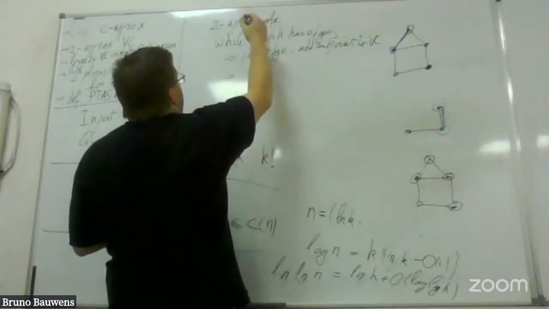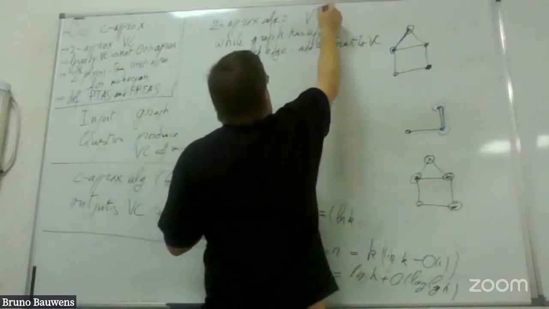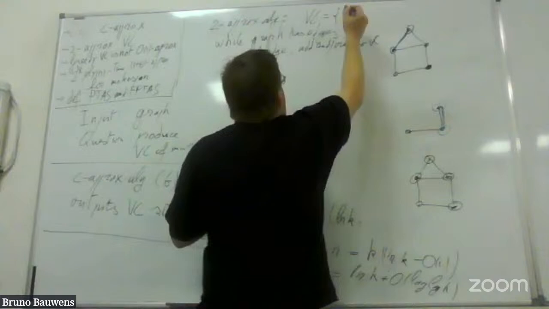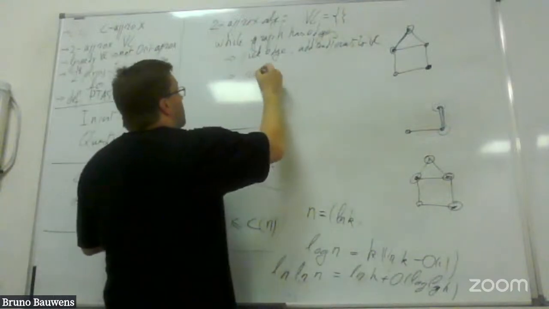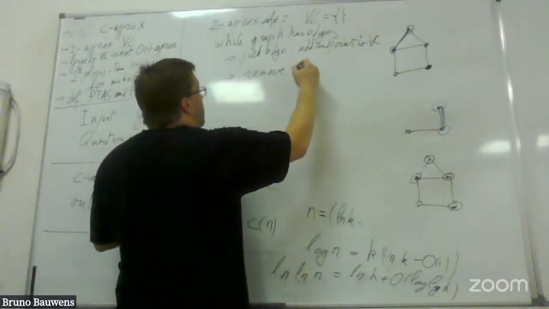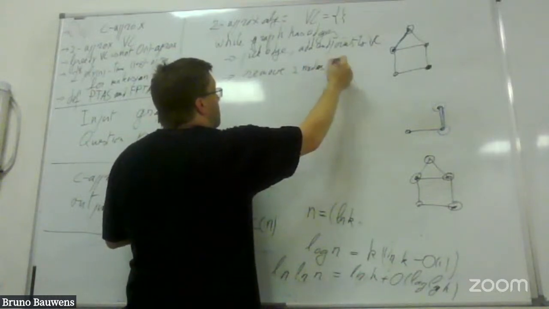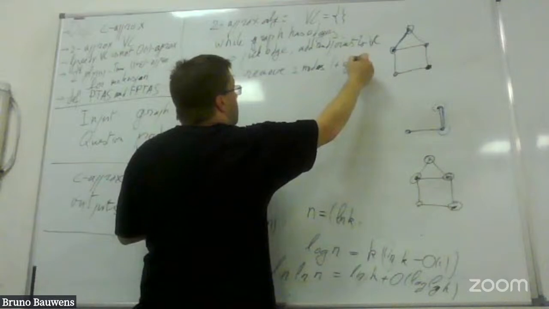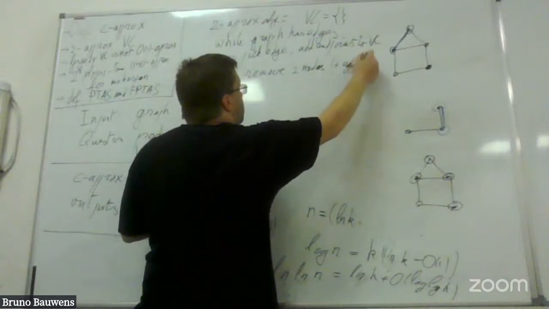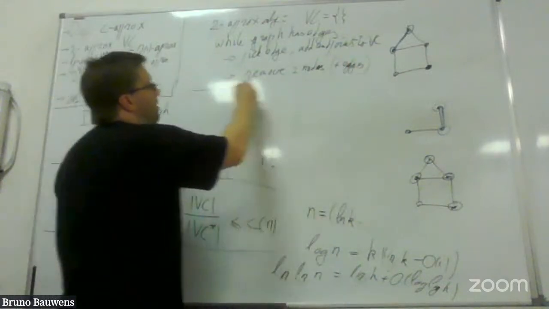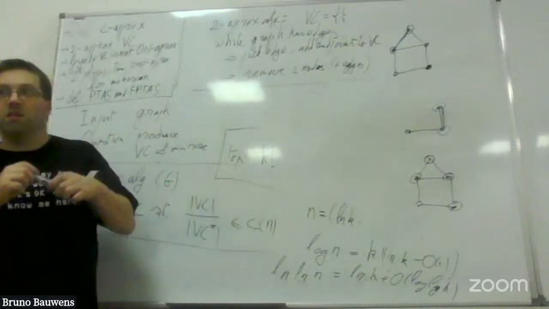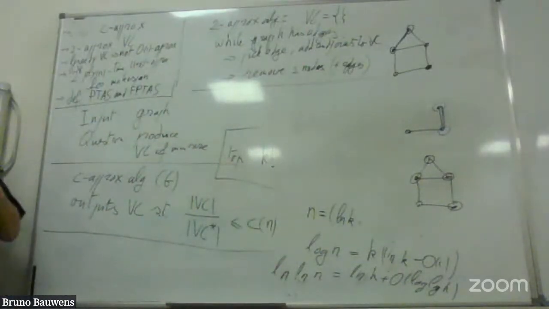So the vertex cover is initially an empty set. And then remove the two nodes plus incident edges. So that's all of the algorithm. Not yet clear for everyone? Okay.